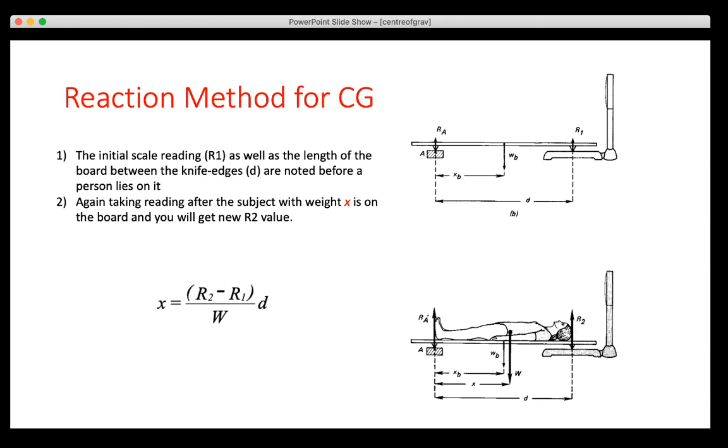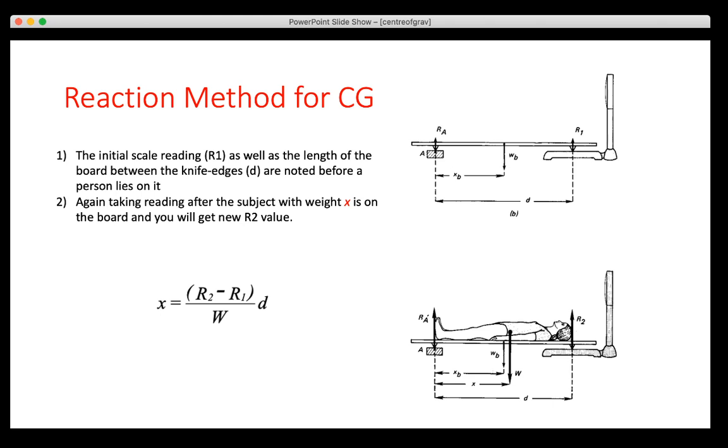Then you let the athlete lie on it and get the R2 value. Then (R2 minus R1) times D over W, where W is the body weight, lets you very easily calculate the COG location.